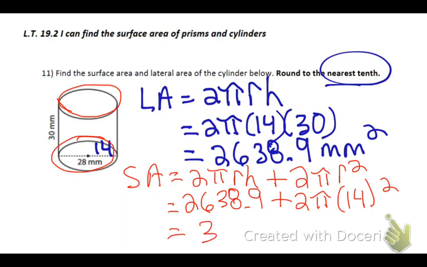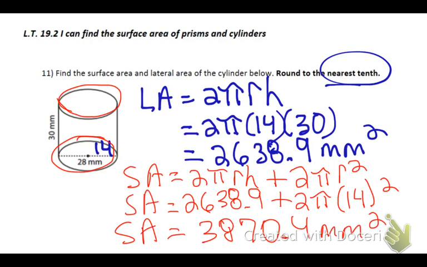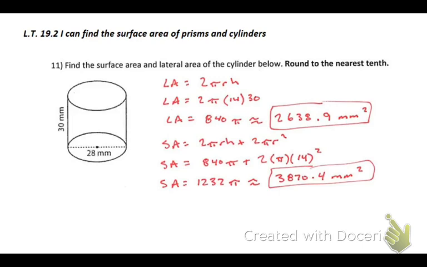I got 3870.4, and that's square millimeters. Let's see what this person got. 3870.4. Okay, doing good.